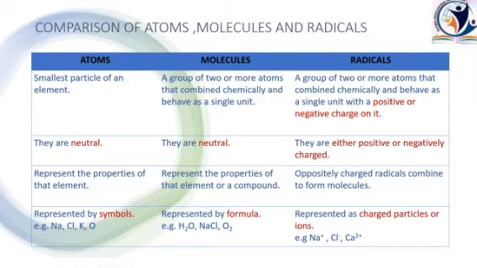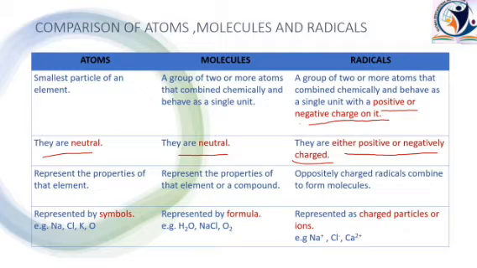The definition of radical is also the same, a group of two or more atoms that combine chemically and behave as a single unit, but with a positive or a negative charge on it. That means radicals have either a positive charge or a negative charge, but no such thing is there in molecules. Therefore, atoms and molecules are neutral in nature, whereas radicals are either positively charged or negatively charged.